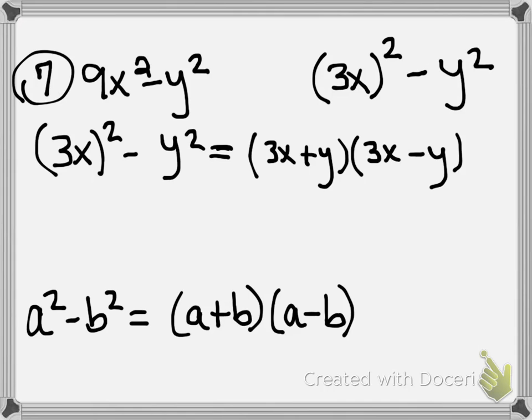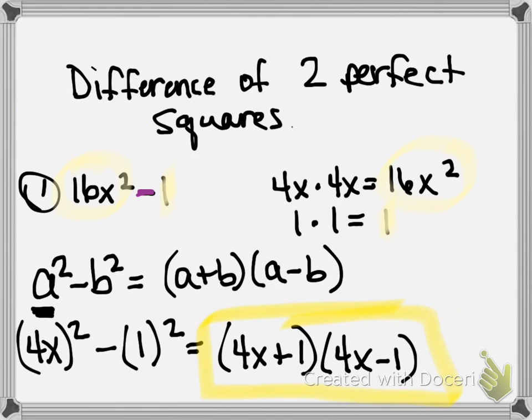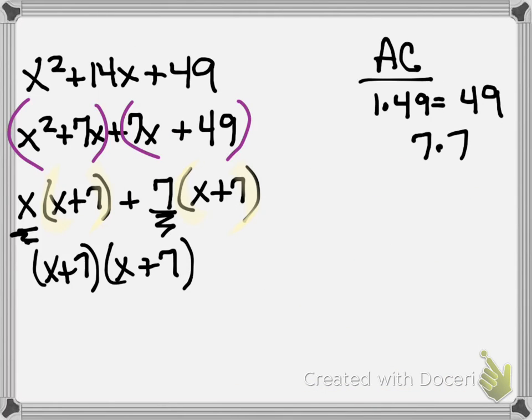So every time you're looking at quadratics, the first thing you need to look at is, if you have a binomial, are they two pieces being squared? Kind of hard to find sometimes. And then if you have a quadratic trinomial, is it a perfect square trinomial? So does the square root of your constant equal half your middle term?